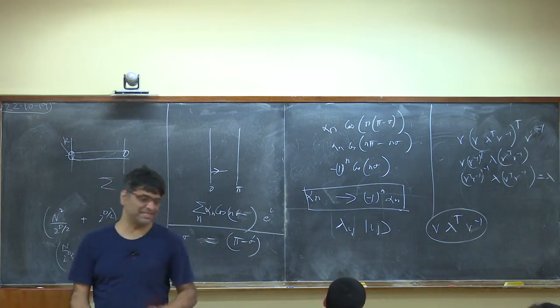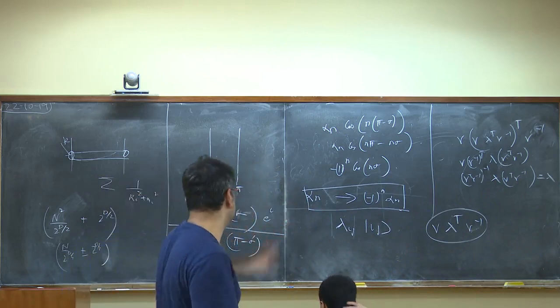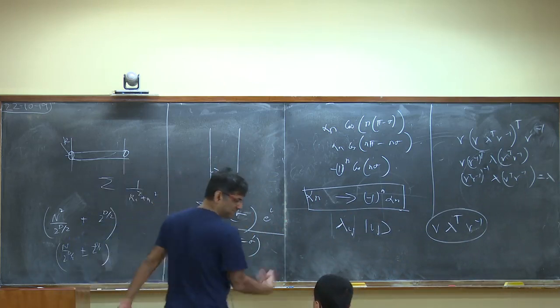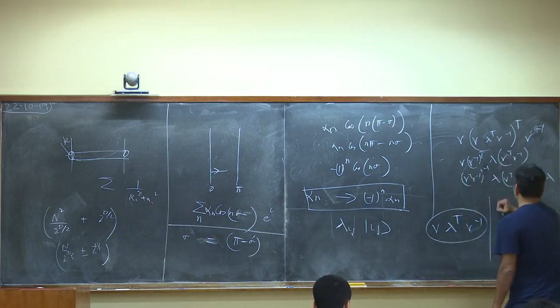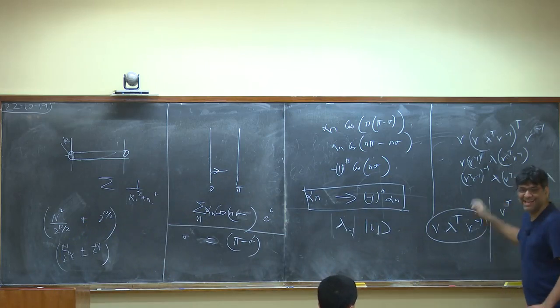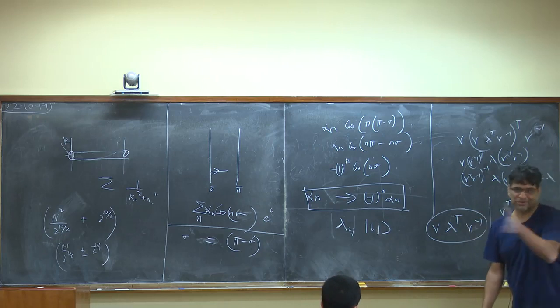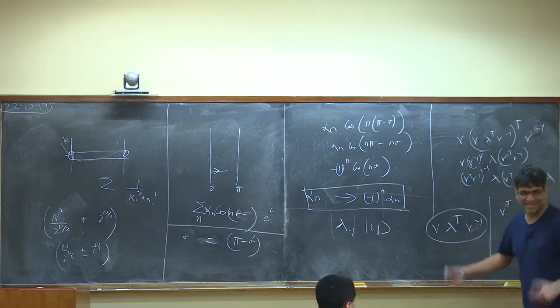Since there's no restriction on what lambda is, the only way this can work is if this gamma transpose gamma inverse is identity. Wait, it should be identity times a number, because a number goes through everything. The number has to square to 1, because it should be equal to itself.